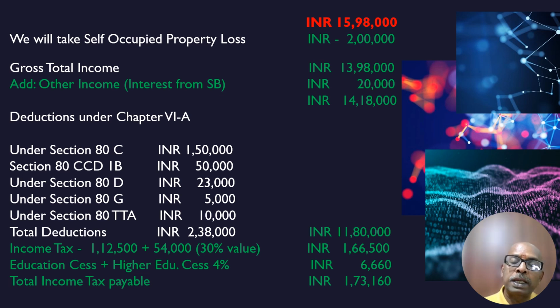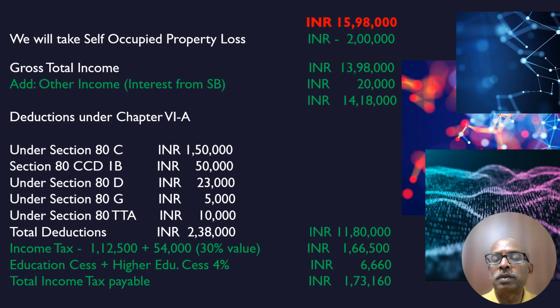Suppose the assessee himself or herself is 60 years and above, then for oneself it is again 80D 50,000. And if they have parents and have taken medical insurance for them, another 50,000. So a maximum of 1 lakh can be claimed if you pay medical insurance premium for senior citizens, including the assessee. So now I have taken 23,000 annually.